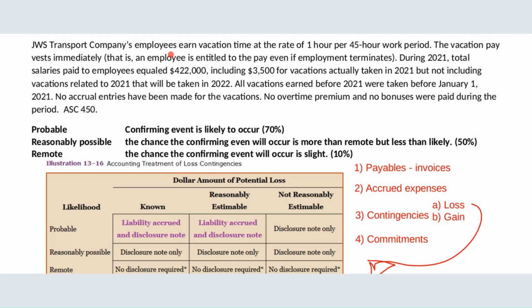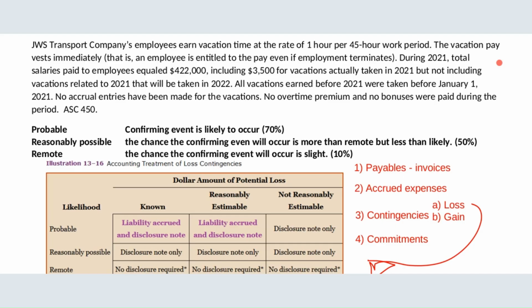In this case, it's a little more simplified in that we have accrued vacation only for 2021. In a real situation, you're going to have many layers, right? People who have accrued vacation from 2019, from 2020, etc. But here we're only talking about 2021.